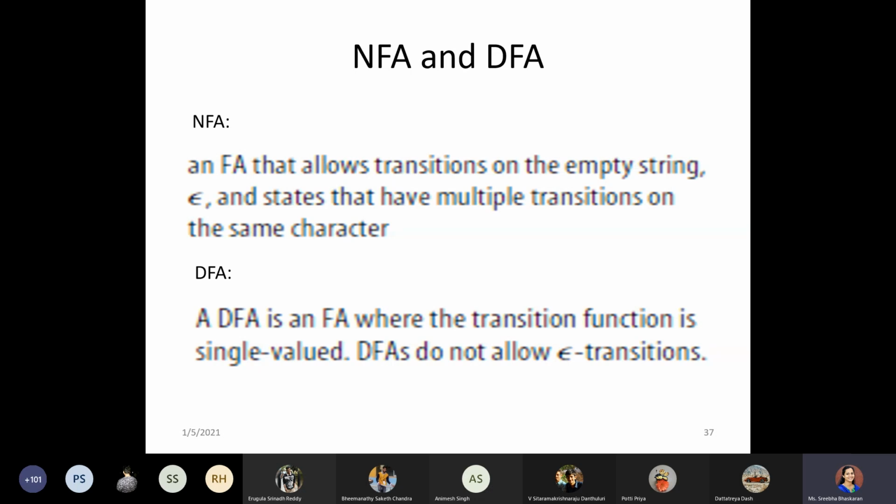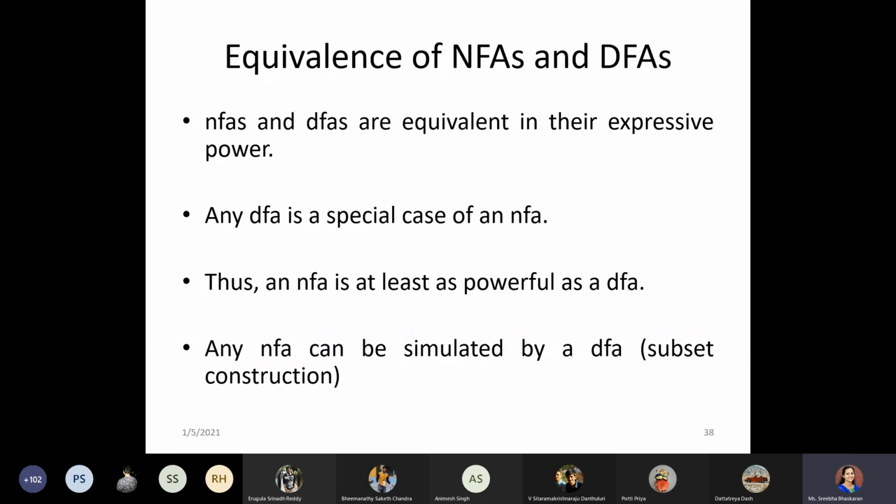We will not have any duplicate or multiple transitions, only unique transitions from one state to another state. Multiple transitions with the same character will not occur in a DFA. So that is the difference between NFA and DFA. All these things you guys know, so that's the reason I'm going a little faster.